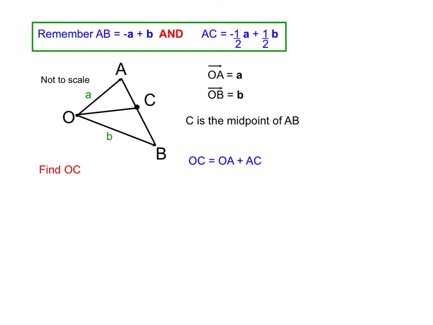So we now move on to the final stage where I'm going to find a vector for OC, O to C. Remember that I've worked out this in the previous question. So I'm going to write down my journey for O to C. Instead of going straight from O to C, I'm going to go from O to A and then A to C. Remember that I've already worked out a vector for AC.